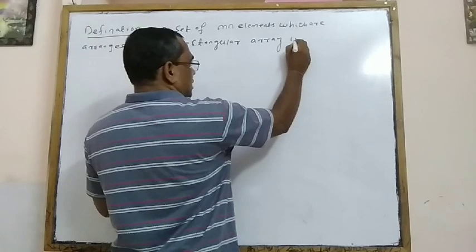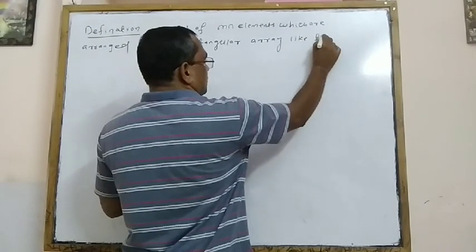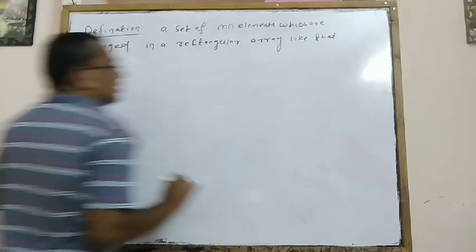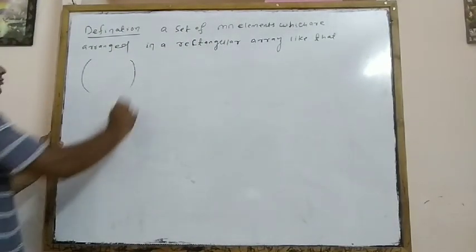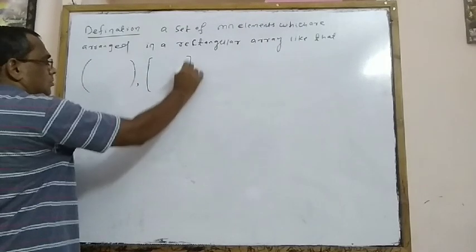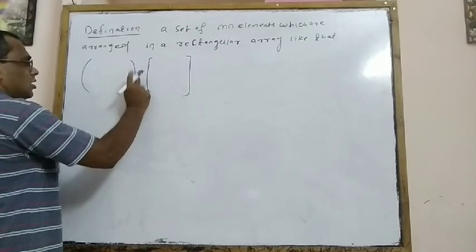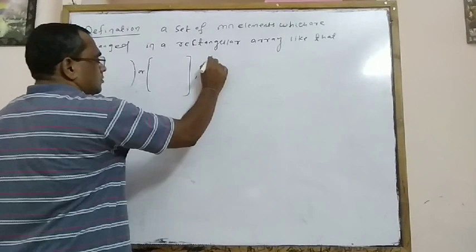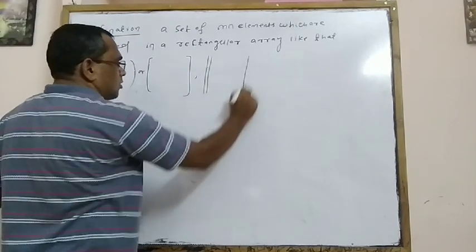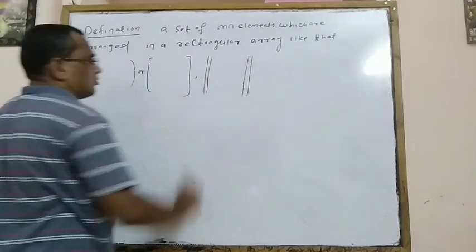Rectangular array means like that. This form is called a rectangular array, or this one is also a rectangular array, or double bar. This form is also called a rectangular array.